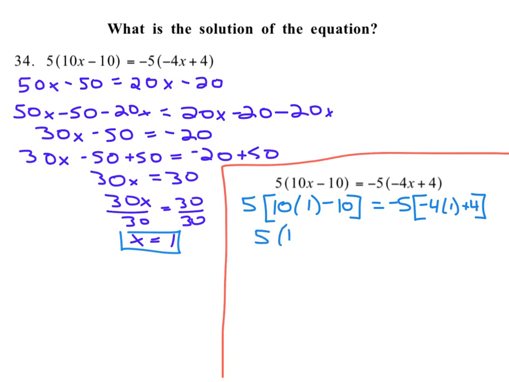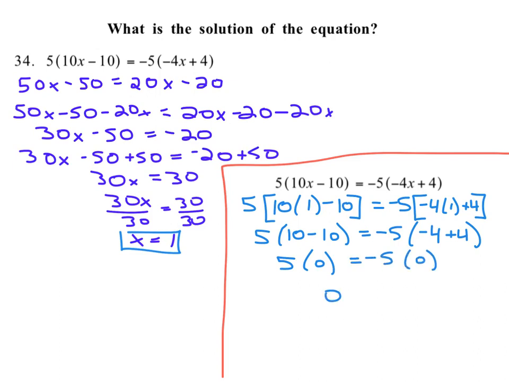That's 5 parentheses 10 minus 10 equals negative 5 parentheses negative 4 plus 4, or 5 times 0 equals negative 5 times 0, which means 0 equals 0, and done.